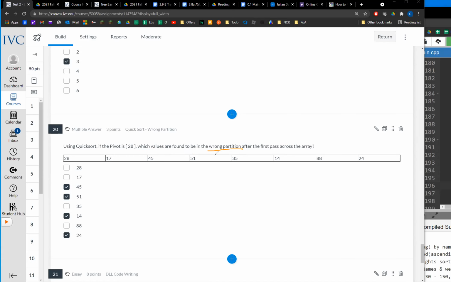I don't say which values are swapped because then people start getting confused about the pivot, because the pivots then get swapped as well. So they might not include those two values. So by being explicit, just saying which values are wrong partition just limits it to that set of data.